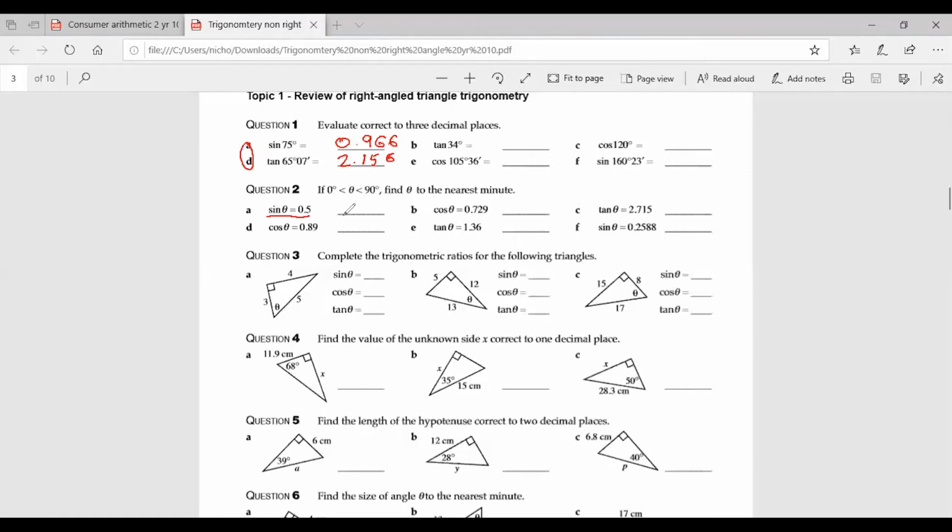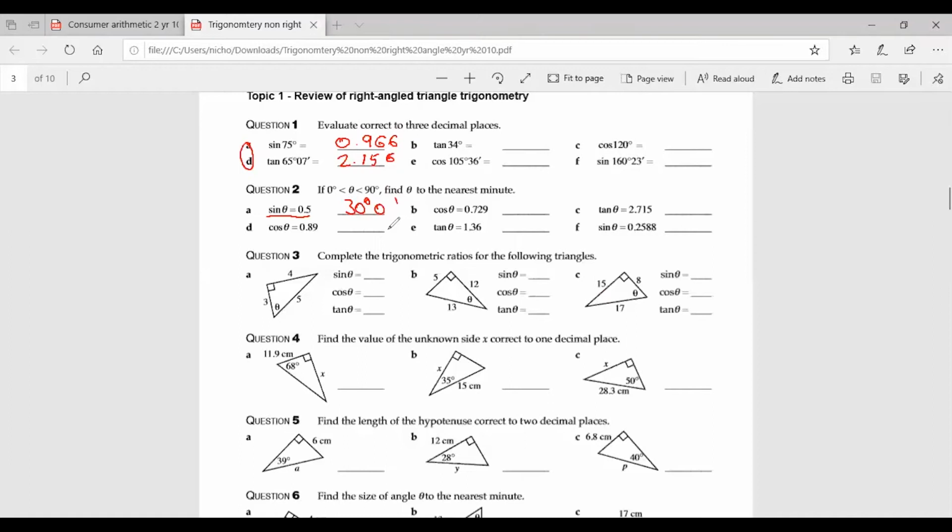You just close bracket. Yep. So that's going to be 30 degrees and 0 minutes. Does that make sense? Yep.